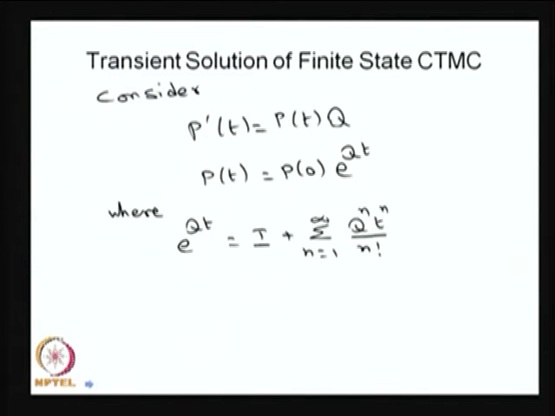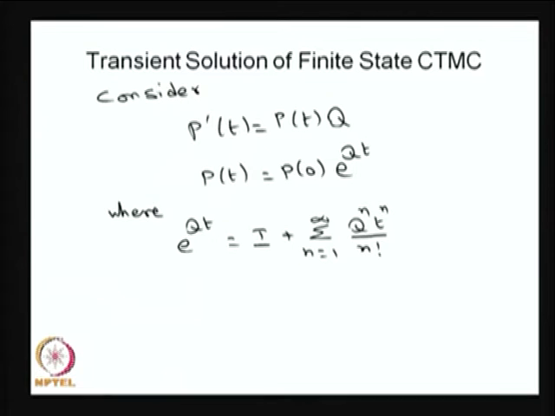Therefore, e power Qt, where Q is the matrix and t is a real value greater than or equal to 0, is going to be the I matrix, the identity matrix of order equal to the number of states, plus the summation n equal to 1 to infinity of Q power n times t power n divided by n factorial.